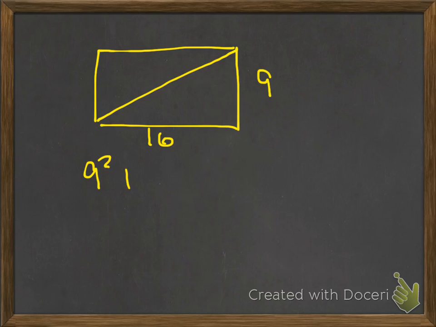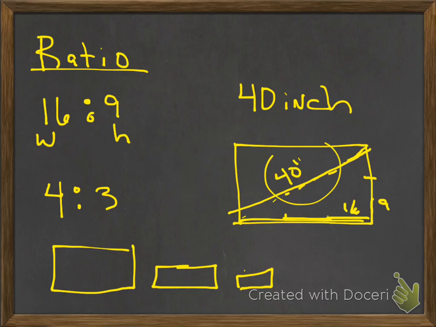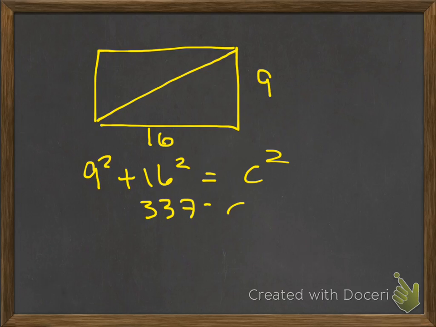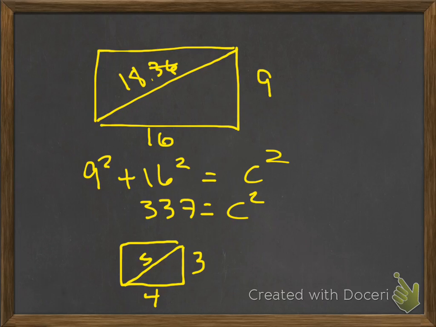Now, it would be helpful, if you look at this, this is a diagonal. To set up proportions, you need some similar or like sides, right? So if you've got a 40-inch there, then you need to find the diagonal on a 16 by 9, if it was just 9 inches by 16 inches, the smallest it could be. So I did 9 squared plus 16 squared, and I get 337, which the square root of that is 18.36, so I'm going to say 18.